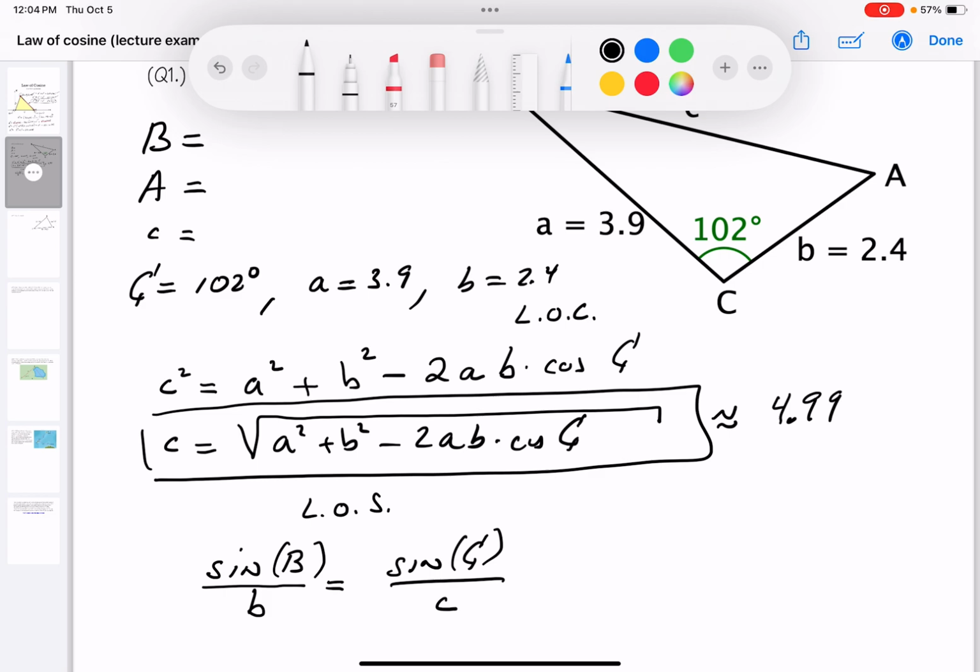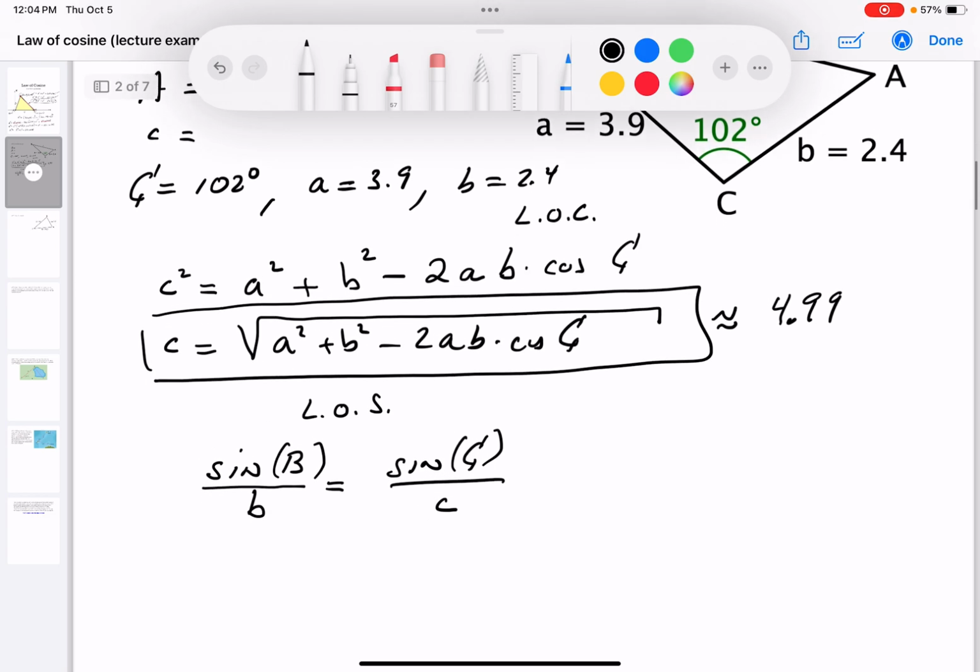I want to tell you what we're looking for. We're looking for angle B, by the way. So I need to solve this equation. It's sine B is equal to B, which is known to me, times sine of C, known to me, divided by side C, and side C is known to me. It's in the box. What do you do over here?